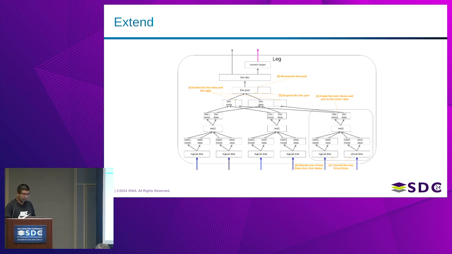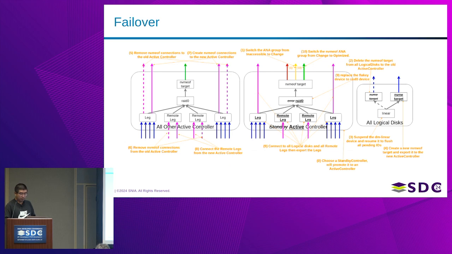That's the extend. And then a very complex one is the failover. For one disk, if a controller node failed, we will choose a standby controller and change its status. We can use the ANA group defined in the NVMe spec.